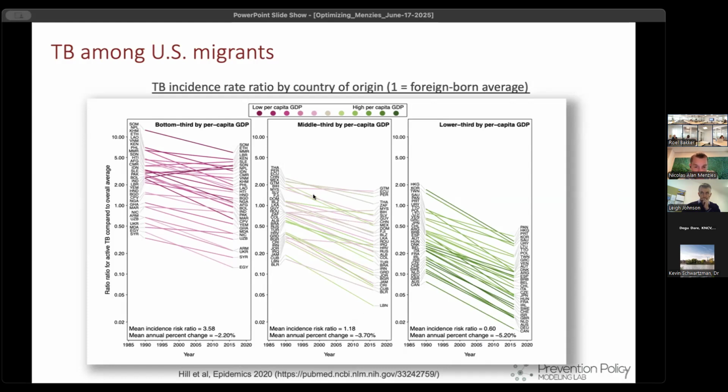If we look at those of middle income countries, it's down to about 4% decline per year. And if we look at the poorest countries, it's still for most countries a decline, but a much shallower decline of 2% per year. Essentially speaking to a pattern where we do see TB control globally, it's happening faster in richer countries. So anyway, I think a lot we've tried to learn from these data, and a lot it probably tells us about the countries of origin and the patterns of success or delays in TB control in those countries.